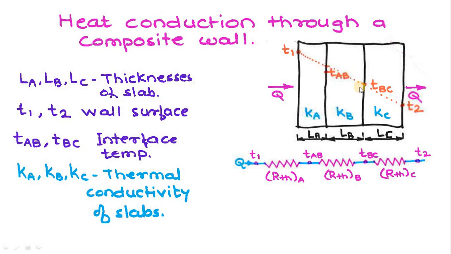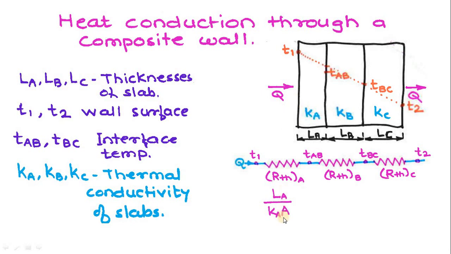Now if I convert this into an electrical analogy, we need to show it in this way. This is the first resistance because of the first slab A, the second resistance for the second slab, and this third resistance is for the third slab. As we have seen in the previous lecture, thermal resistance is equal to L upon KA. Here A is the area of cross section, which is the same.